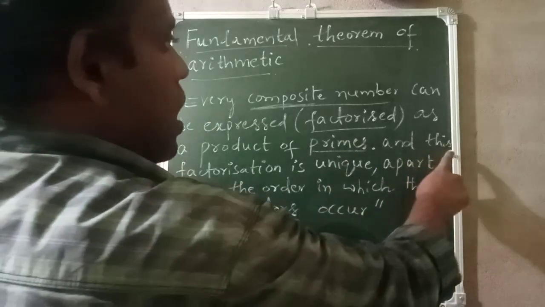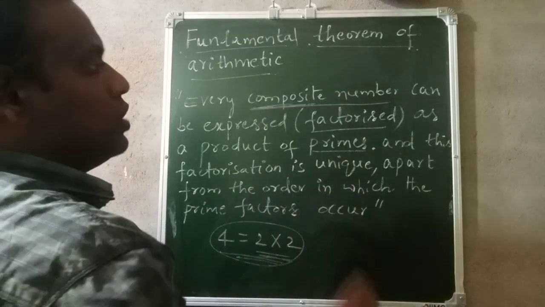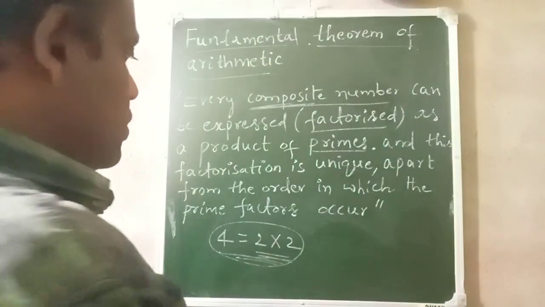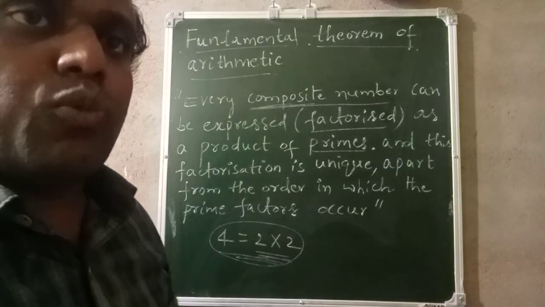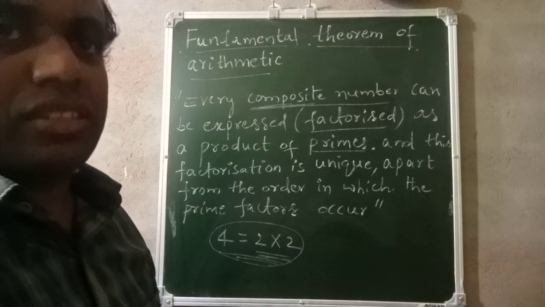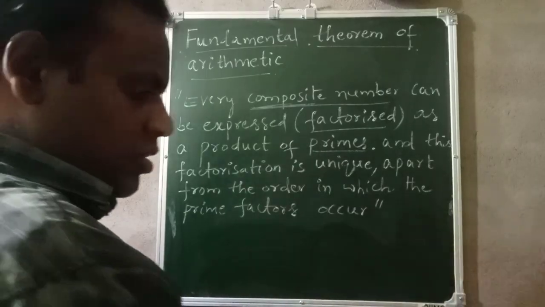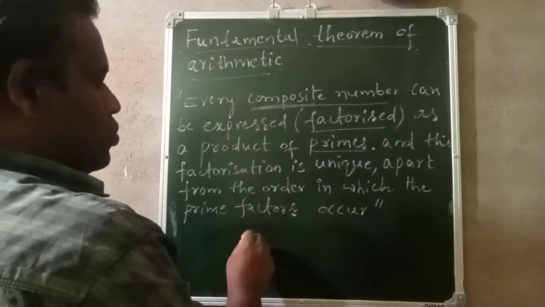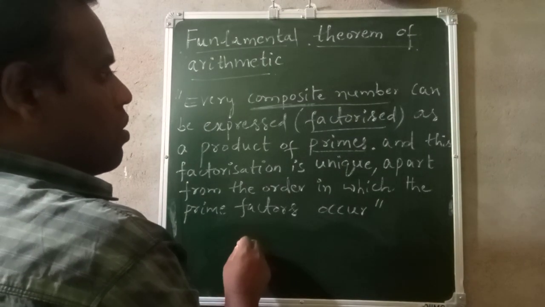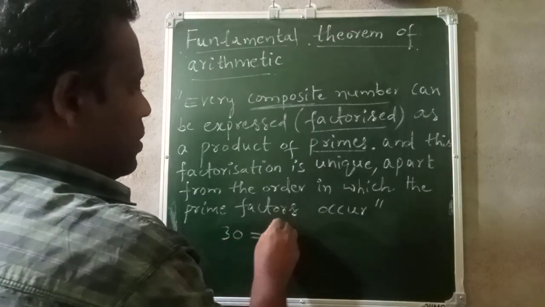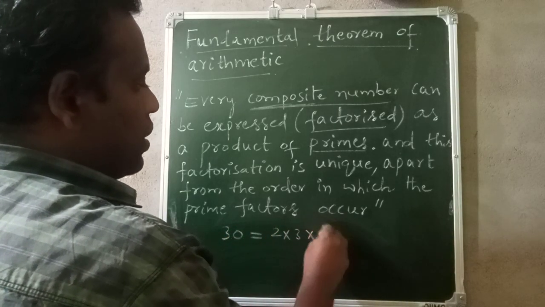Next, and this factorization is unique. Unique means there is only one way to write the factors. I will take a different example, you will understand. For example, 30. So 30 can be written as 2 into 3 into 5.